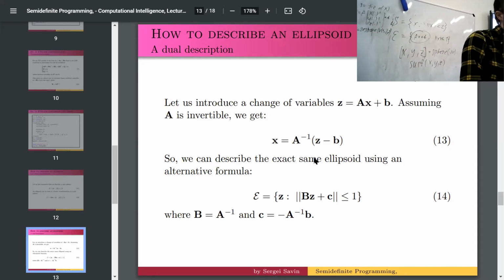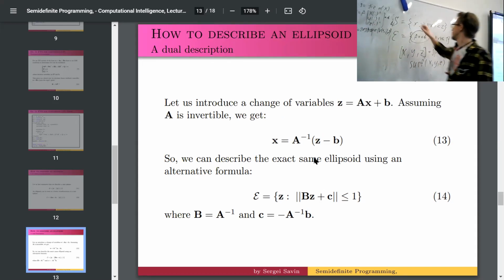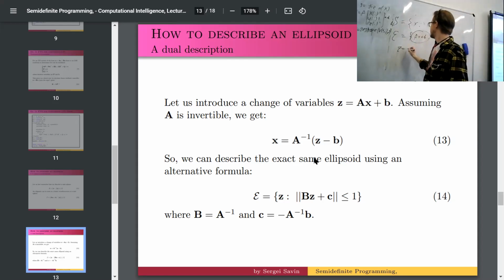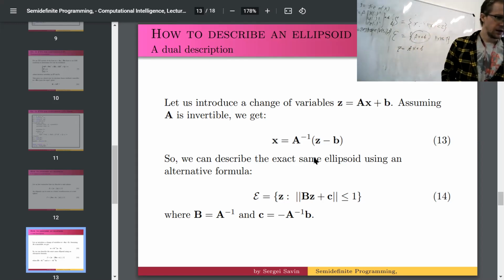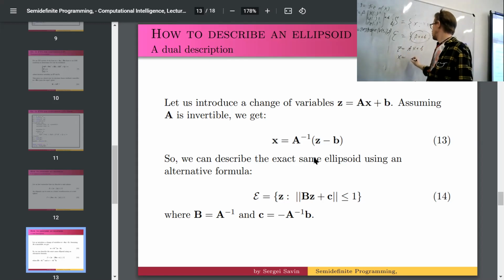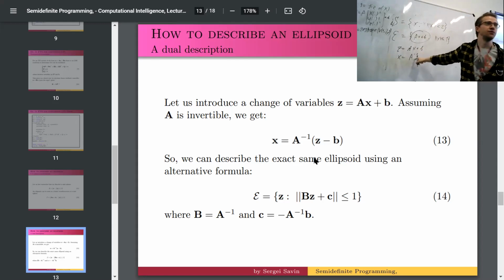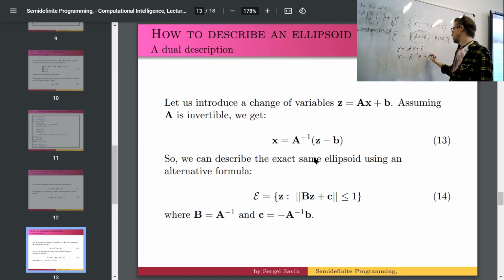Now we can introduce a change of variables. Let's introduce z equal to Ax plus b, right? Then x is going to be equal to A inverse times (z minus b), minus probably A inverse b. Is it correct? Yep, it's correct.